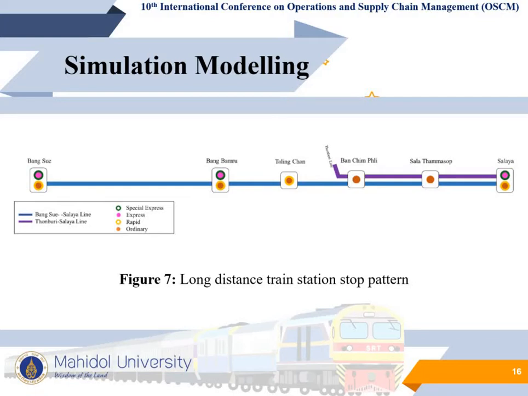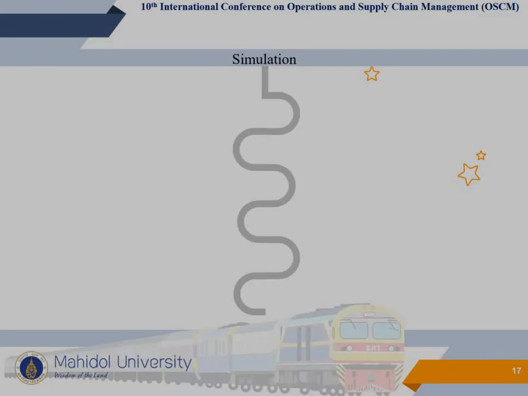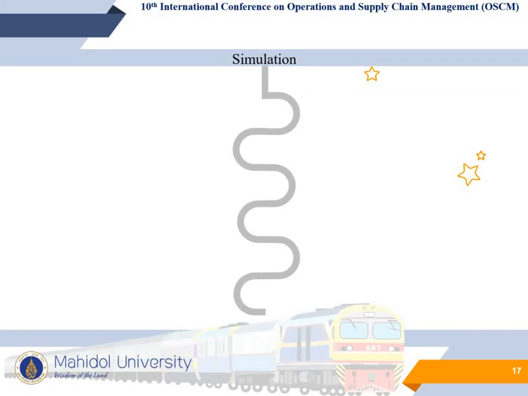The special express train and express train stop at 3 stations. The rapid train stops at 4 stations. The ordinary train stops at 6 stations. The simulation is divided into 2 topics.